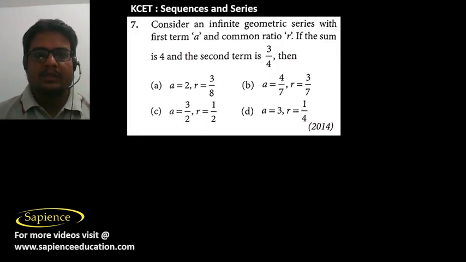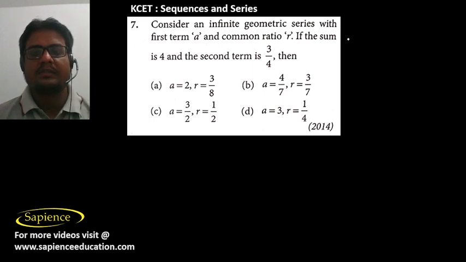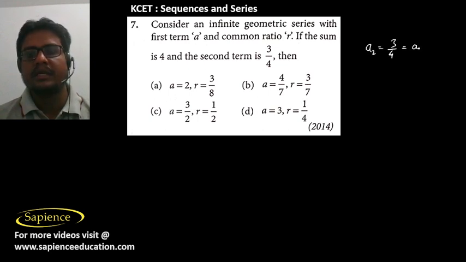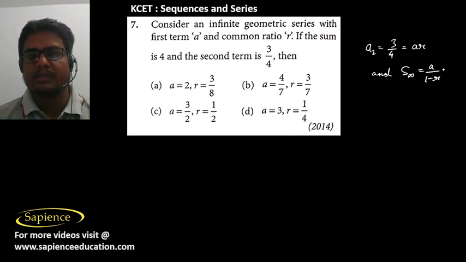Then here it is told that consider an infinite geometric series with the first term a and common ratio r. If the sum is 4 and the second term is 3 by 4, which is ar, and the sum of an infinite GP is a by 1 minus r, that is equal to 4, then what are a and r?